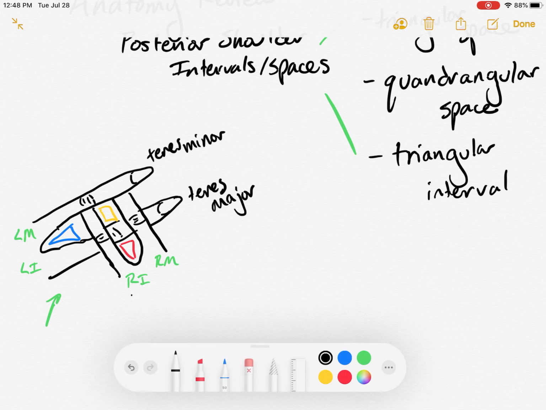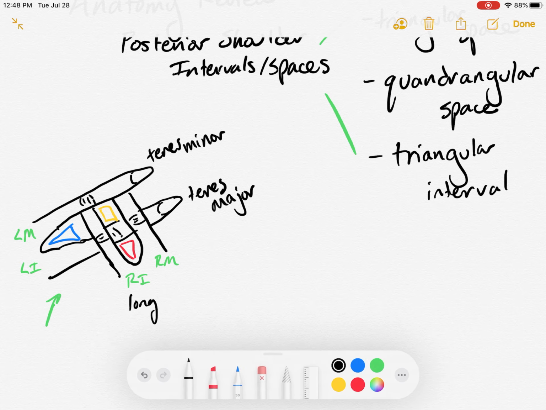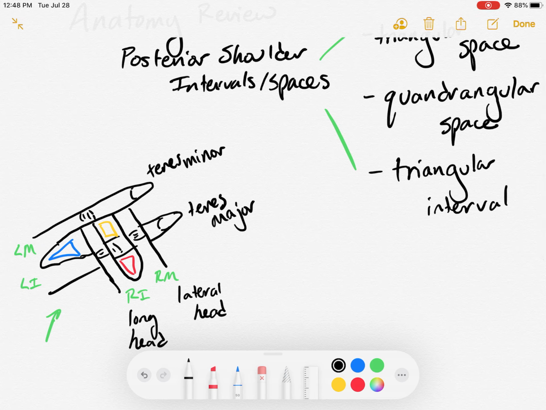So this is going to be the long head of triceps for our right index finger, and this is going to be the lateral head of triceps for our right middle finger. And we overlay the fingers just so, with the left middle finger on top of all of the others, so that you have the correct anatomical layout, anterior to posterior at least, of how these muscles intersect with each other.